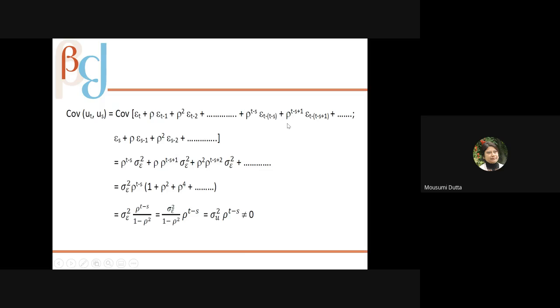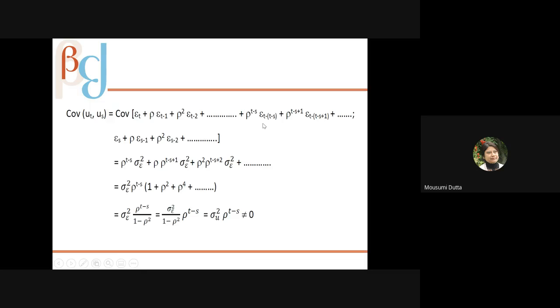Another term I am writing in terms of s is rho to the power t minus (s minus 1), which is rho to the power t minus s plus 1, into epsilon t minus s plus 1, and so on, because it is an infinite MA series and will go on for quite a long period. I am also writing the MA process of u_s: epsilon s plus rho epsilon s minus 1 plus rho square epsilon s minus 2, etc.